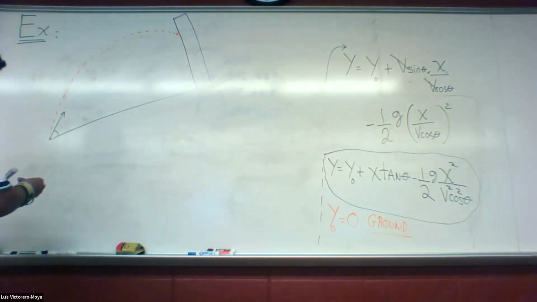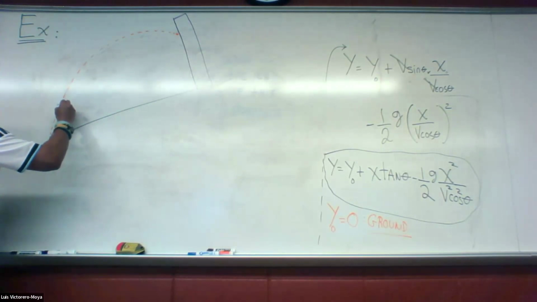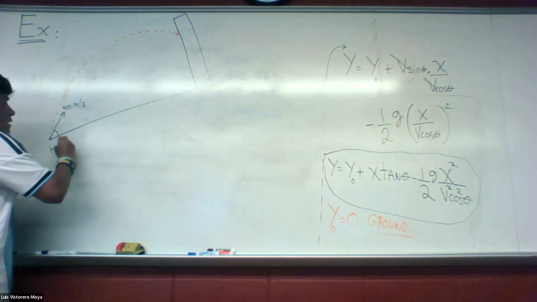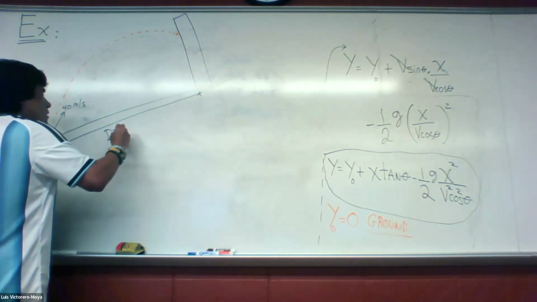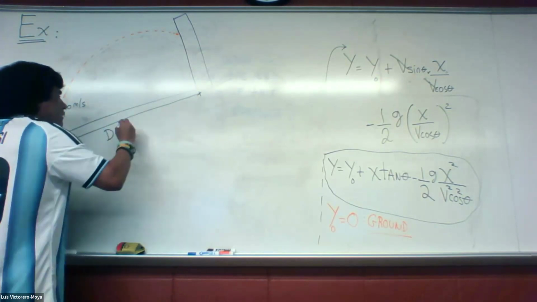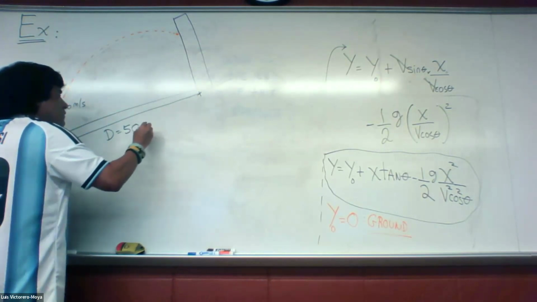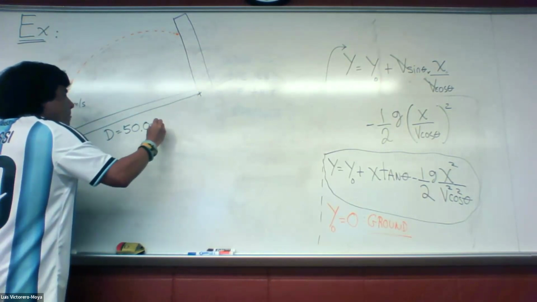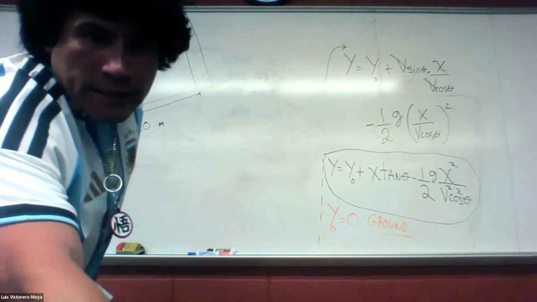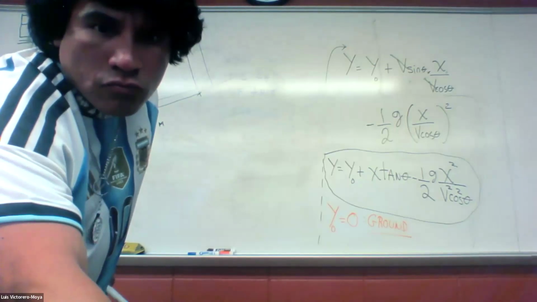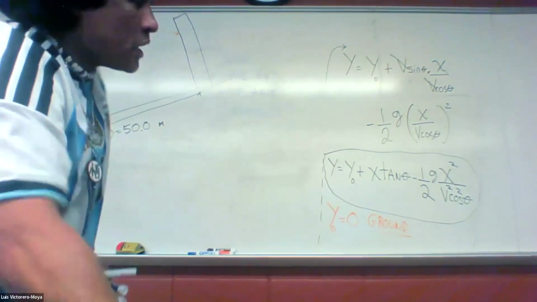Okay, so 40 meters per second. The distance from where he is to the building, 50 meters. And the angle is 30 degrees.